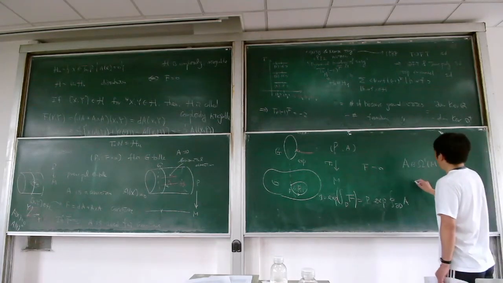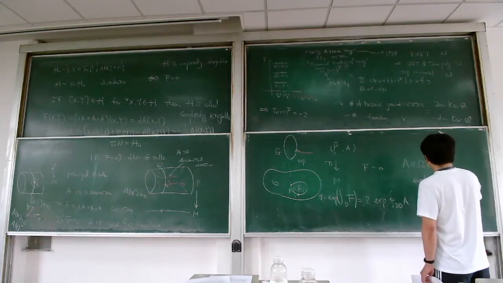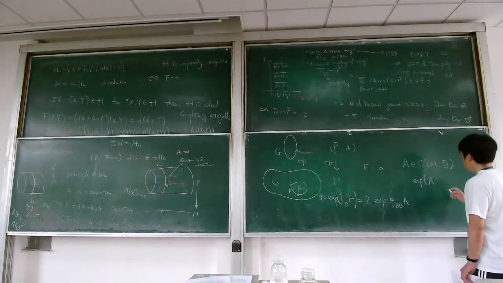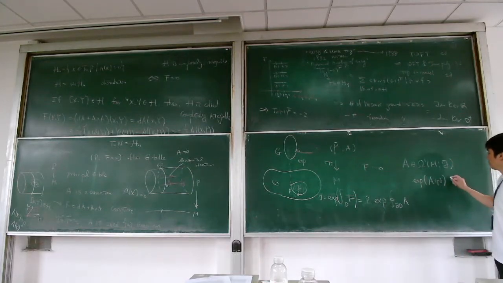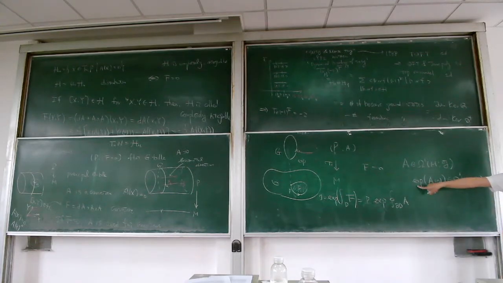If you take the exponential, which physicists often write, you get a Lie group element, since exponentiating the Lie algebra gives the Lie group. And now it's non-commutative.